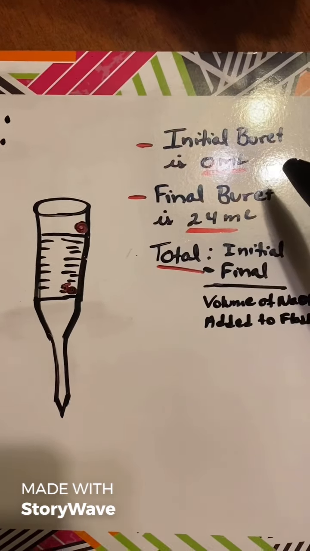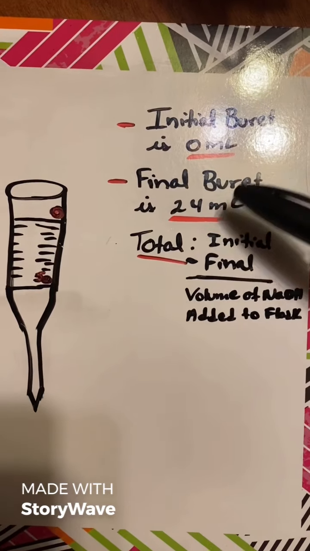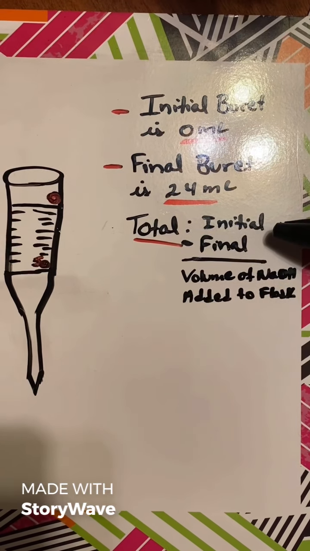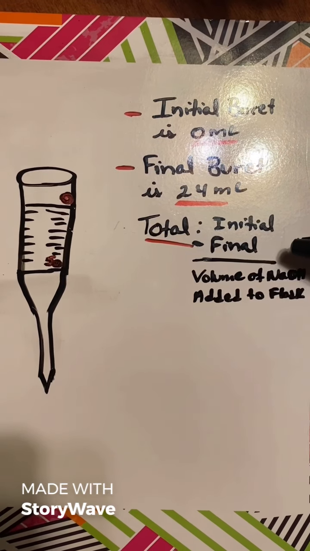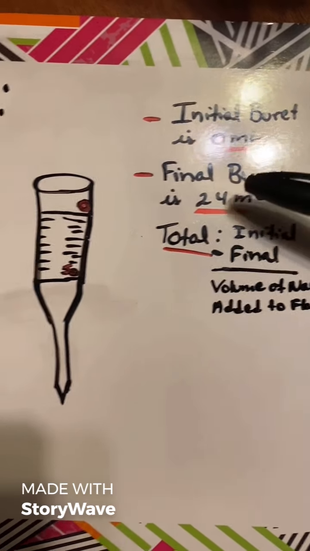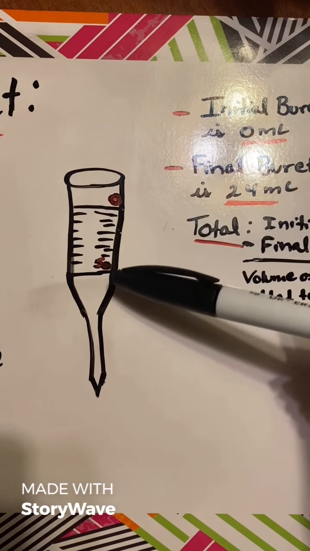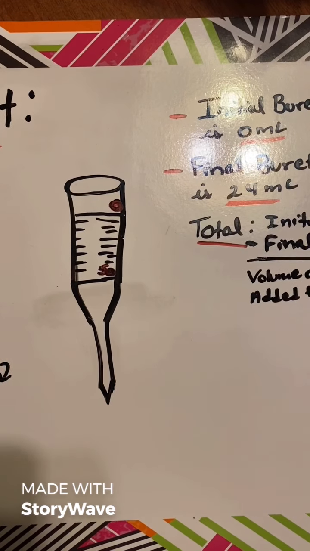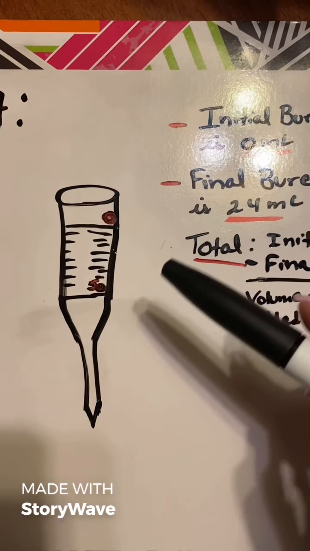So now we want to calculate the volume. The volume is the initial minus the final of the burette. On this one we have a 0 and it finishes at a 50, but the liquid stops at a 24.